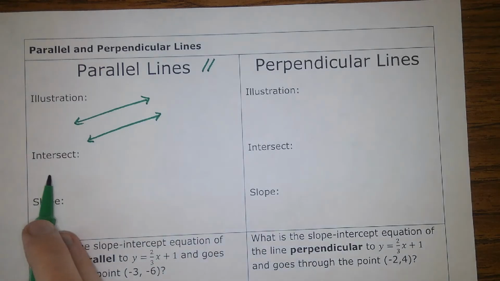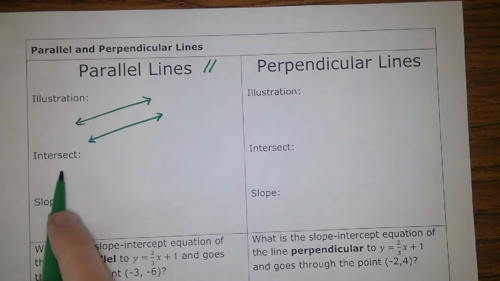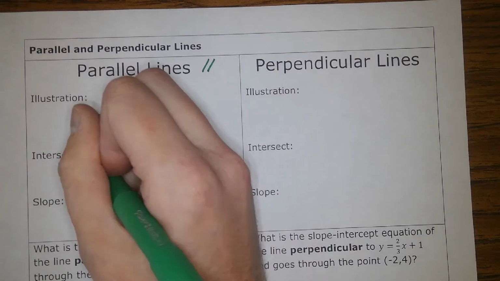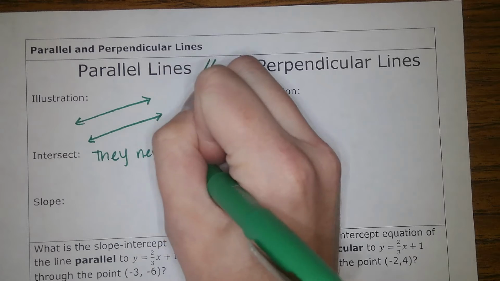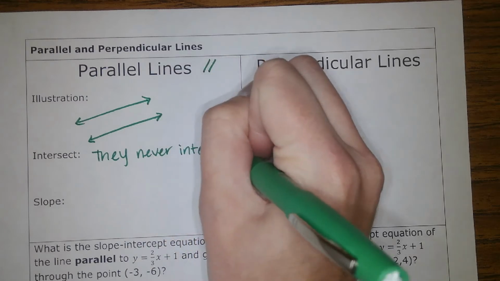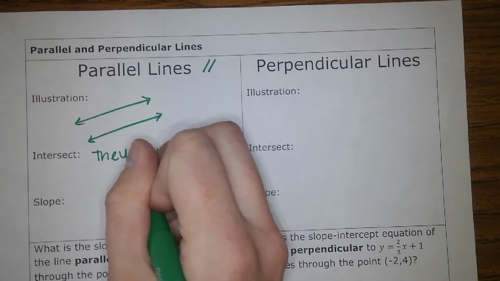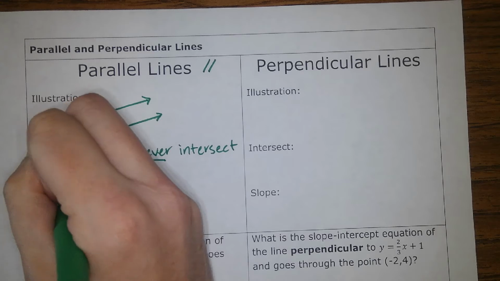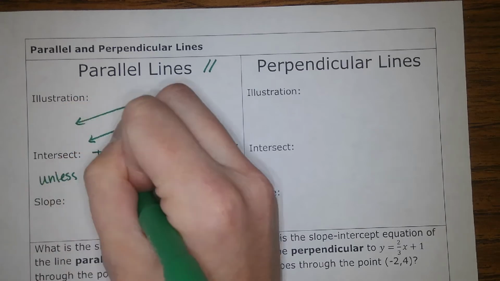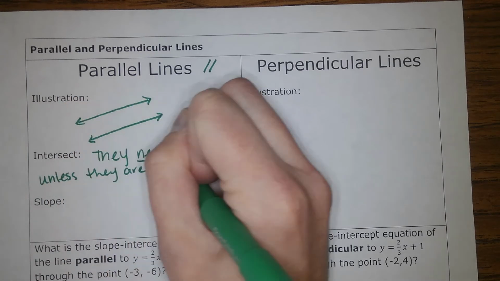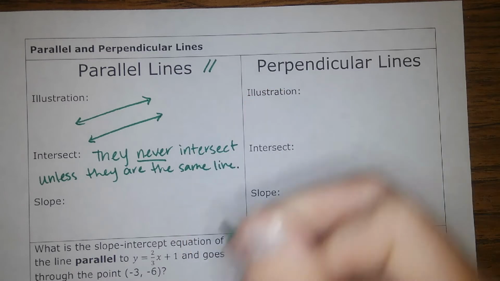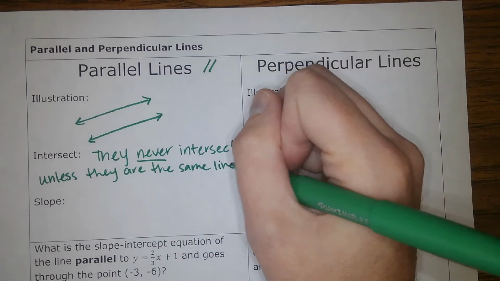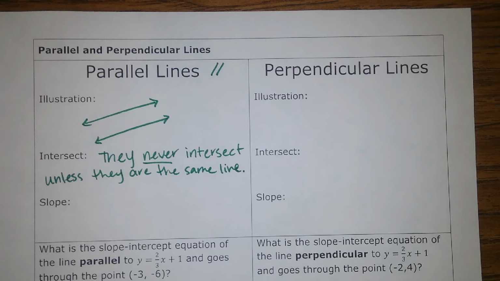So, kind of answering my question here, we see that parallel lines never intersect, all right? Unless they are the same line. All right, so they never intersect unless they are the exact same line.